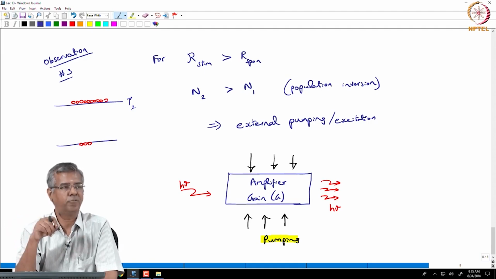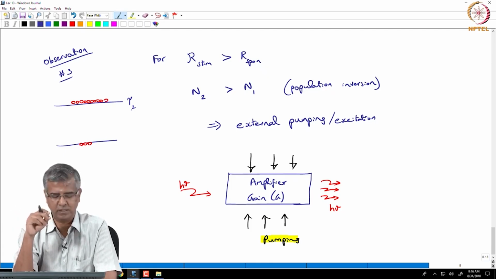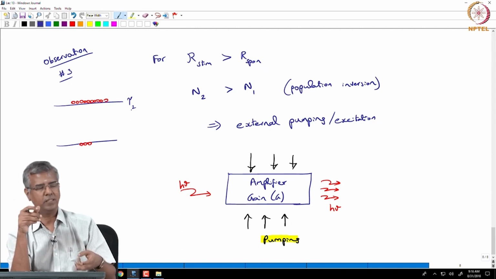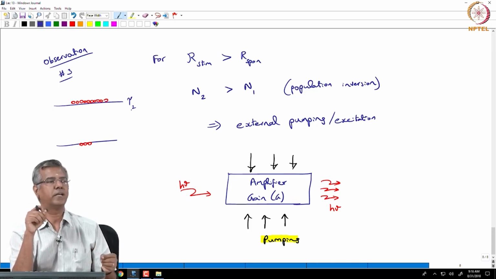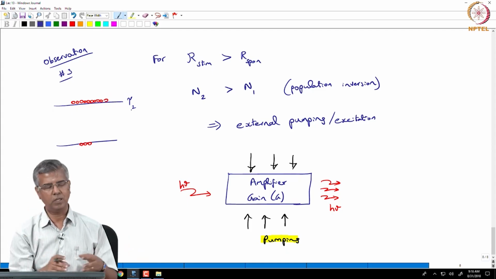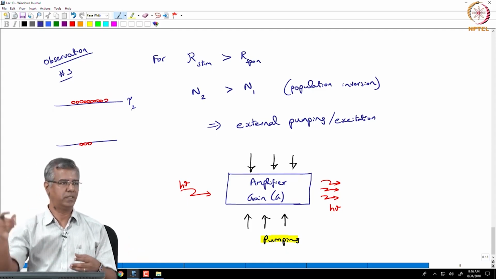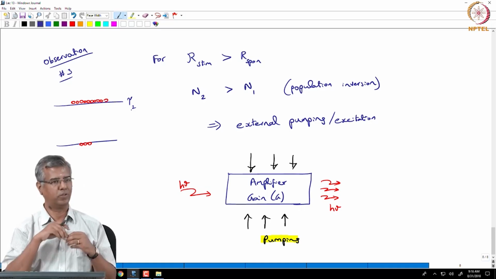If it is a very short lifetime there, what will happen? It will immediately come down, spontaneously emitting a photon, right, and that's not what we want as far as light amplification is concerned, because the spontaneously emitted photon in this picture corresponds to the same frequency that we want to get, but it is not the same phase as the photon that you want to amplify. Or in other words, the photon that you want to amplify has nothing to do with this emission process, right, if it is a spontaneously emitted photon.